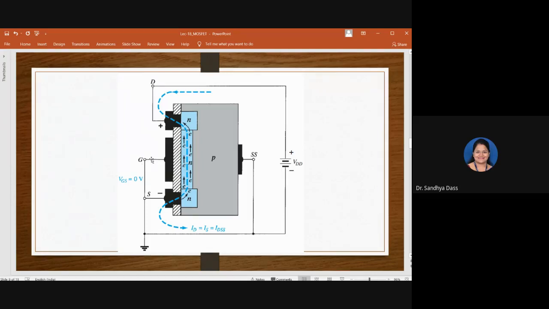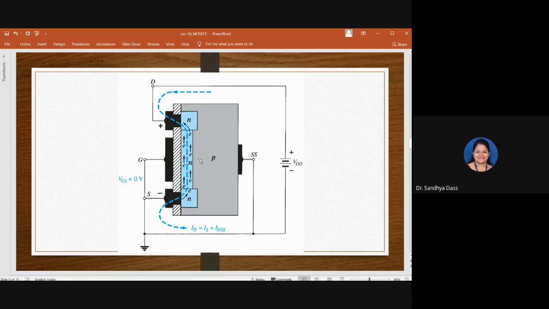If you are making the gate terminal negative, the electrons get repelled, and the holes from the P substrate get attracted. The holes are getting attracted towards the gate, and the electrons in the N region are getting repelled. So because of this, there is recombination taking place.